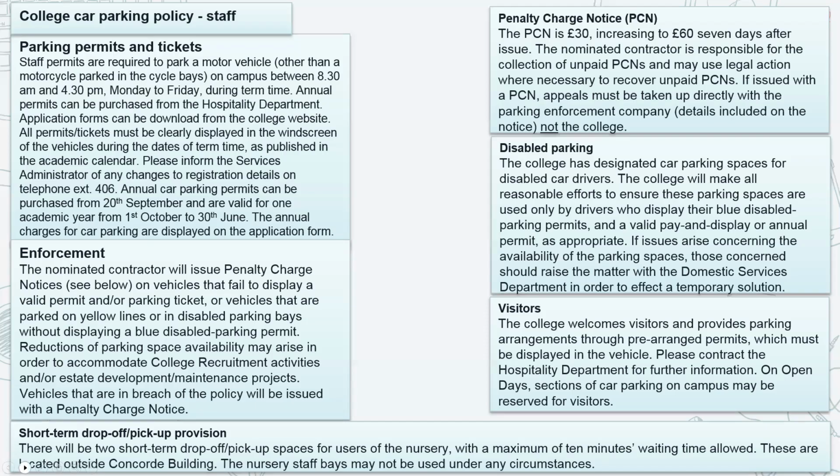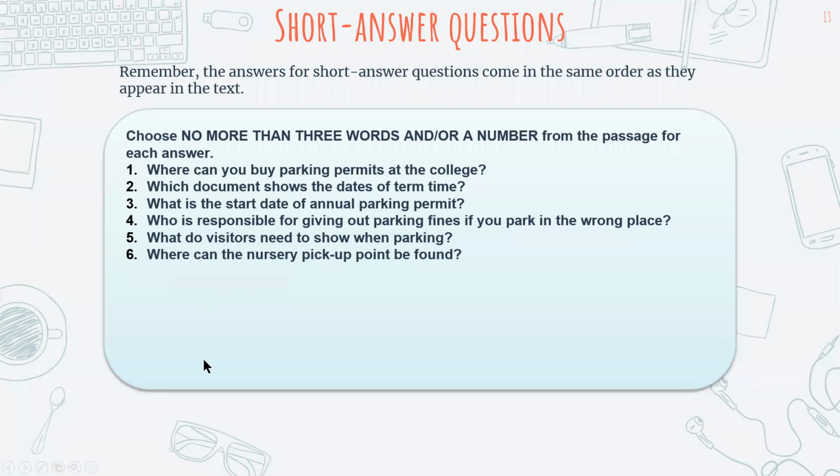Let's move on. I know it's tedious to be moving around between the slides, but in the exam, you will not be doing that. Which document shows the dates of term time? Remember, we have already skimmed the text. All we need to do is find the keywords, scan for the keywords or words that have the same meaning.